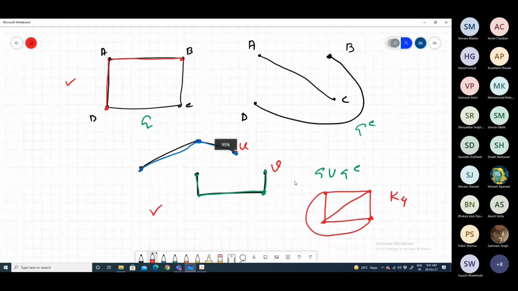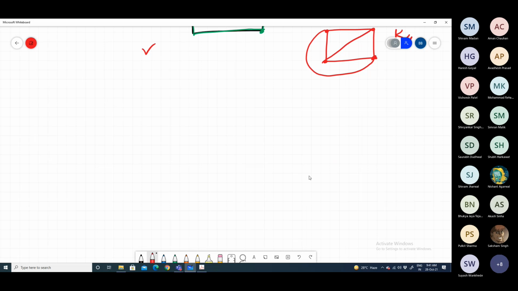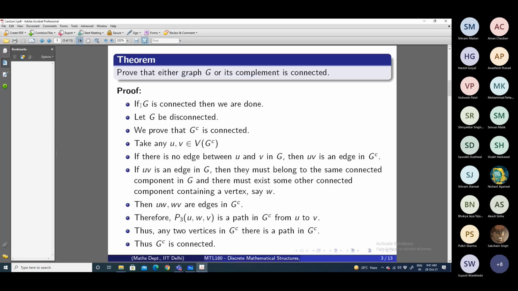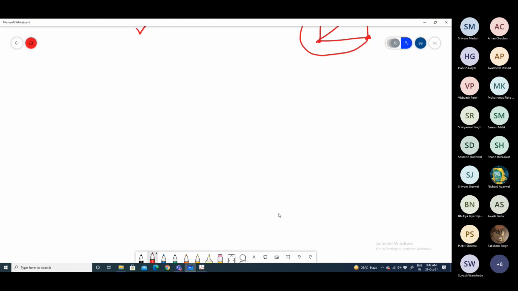So we have proved that. If G is connected, then we are done. Now we assume that G is disconnected.